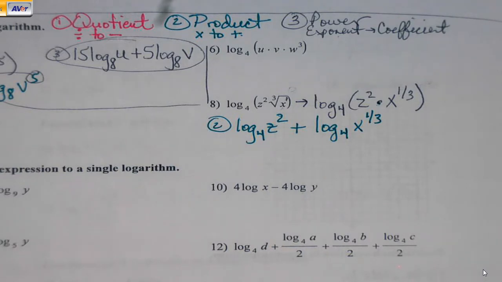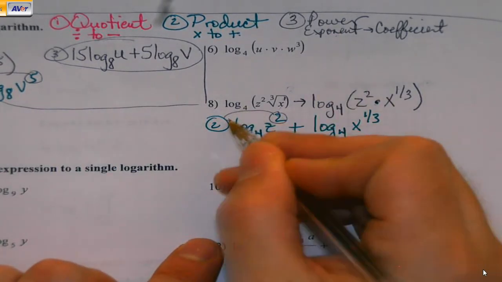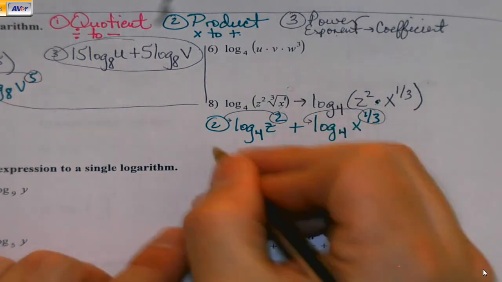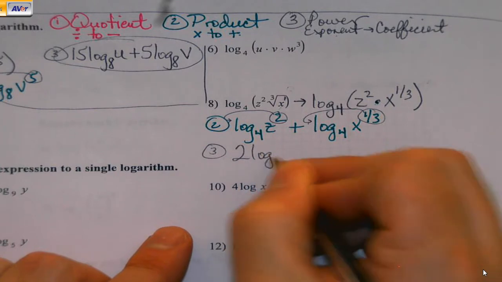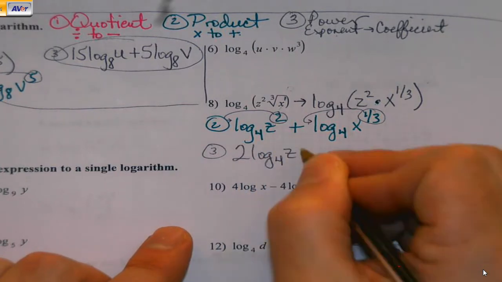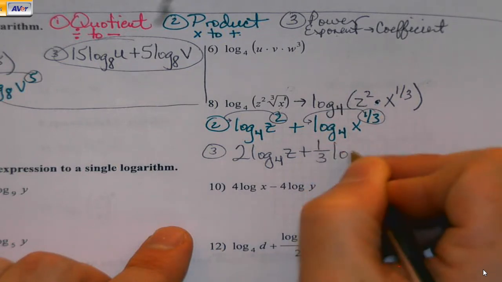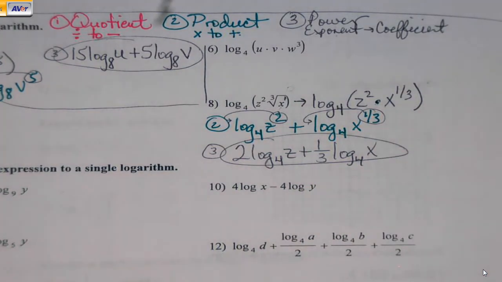That gets me through step 2. And now step 3, do I have any exponents? And if I do, they come back to the front. So my 2 will go in front of my log. My 1/3 will go in front of my other log. And I'm set.